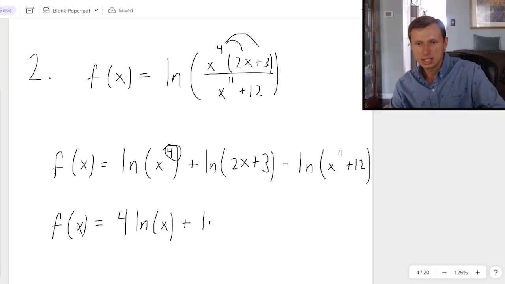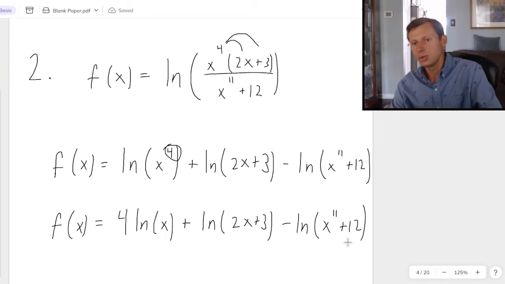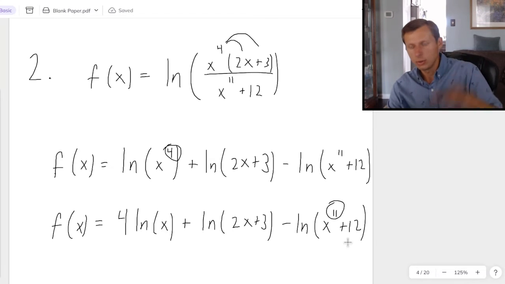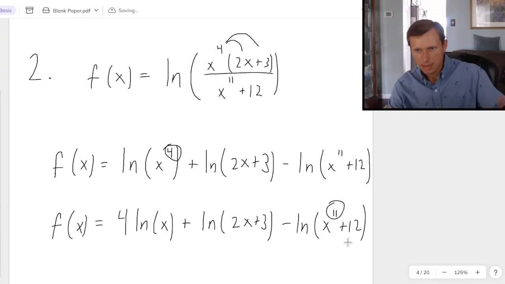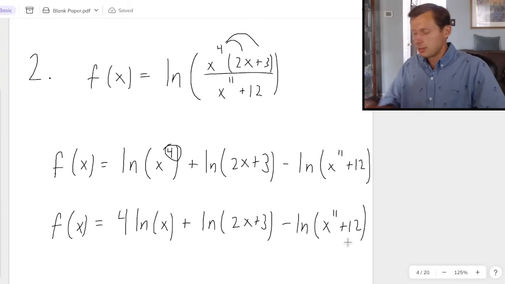And then we have plus natural log of 2x plus 3, and then minus natural log of x to the 11th plus 12. Do not get carried away here. This 11 cannot go out in front because the 12 is not raised to the 11th power. So in other words, we just have this, and now we're ready to take the derivative, which is going to be fairly simple.